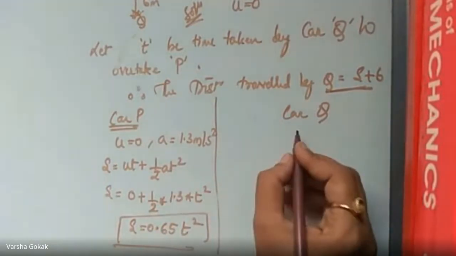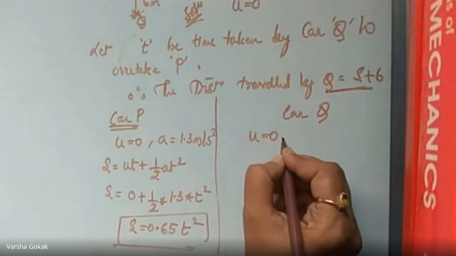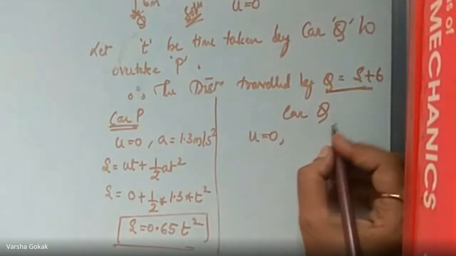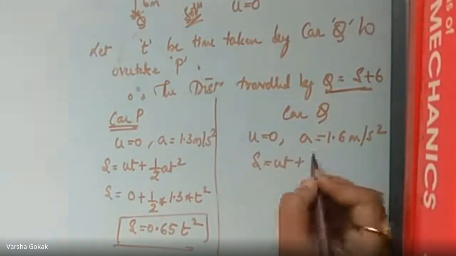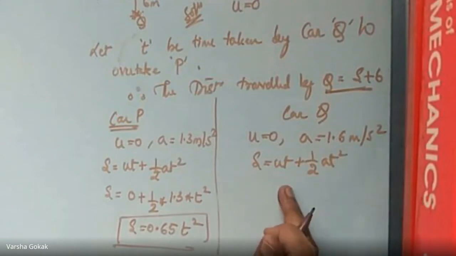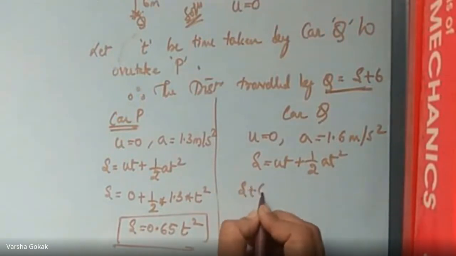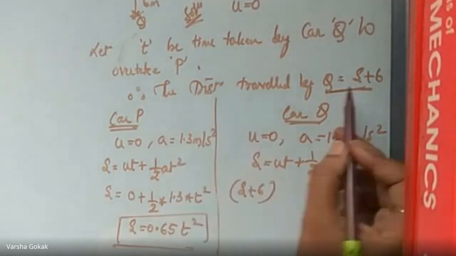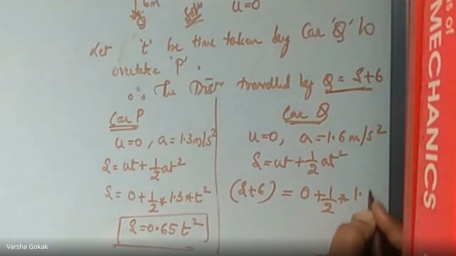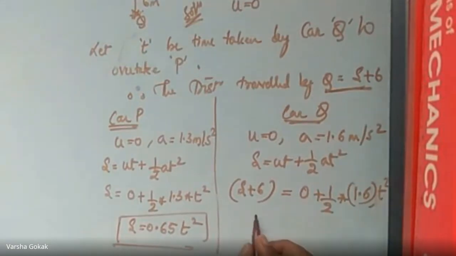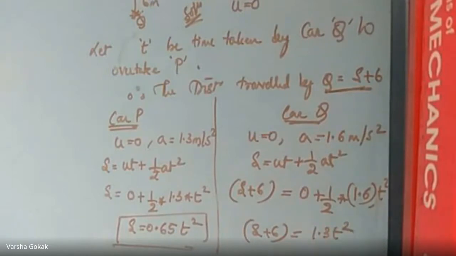Now next, for car Q, again u is 0 because it is starting from a standing start and acceleration is 1.6 meter per second square. So S equal to ut plus half at square. I have to substitute S as S plus 6 because car Q covers a distance of S plus 6, equal to 0 plus half of 1.6 into t square.